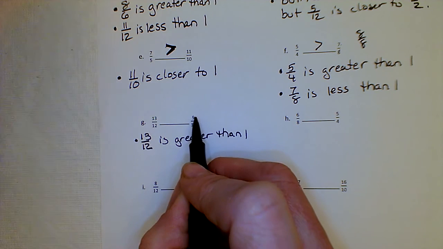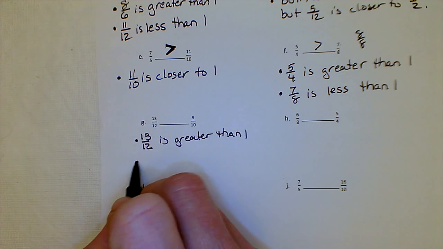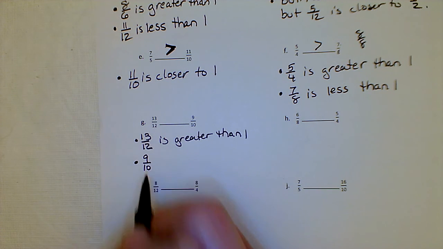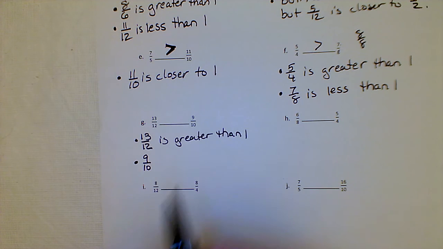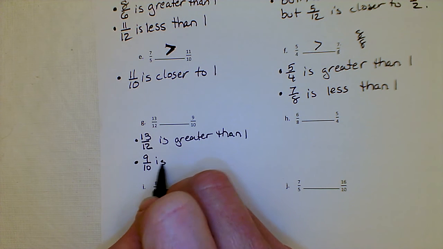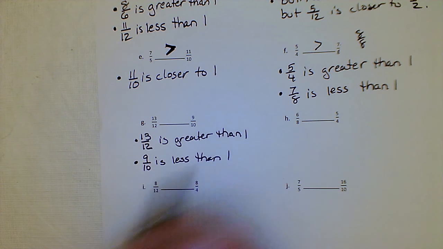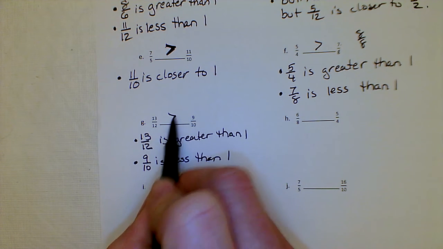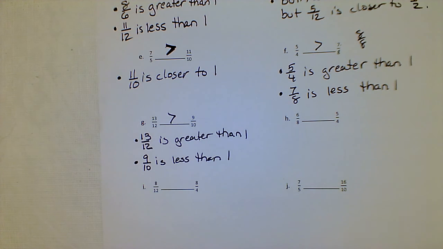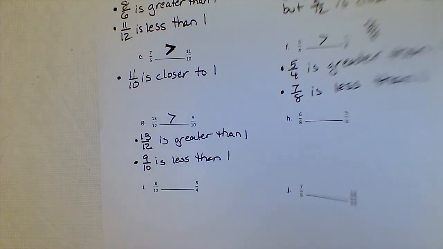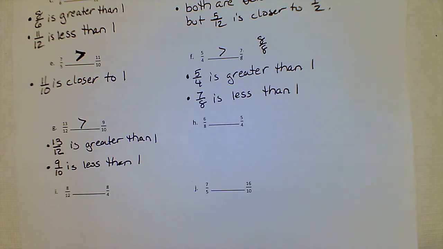But 9/10, the numerator is smaller than the denominator. So 9/10, while being very close to 1, is also very clearly less than 1. And it's that simple. Look for these things when you're doing these problems. It makes it so much easier when you can see these things.